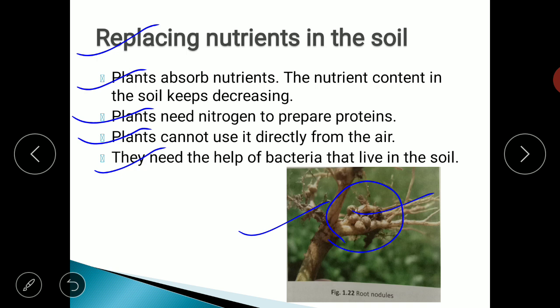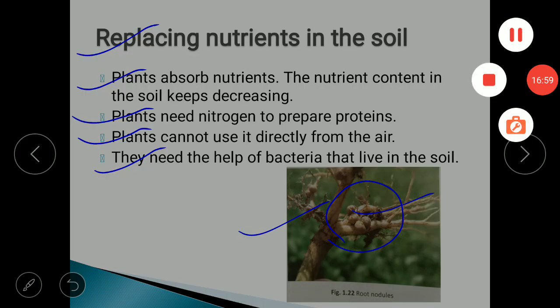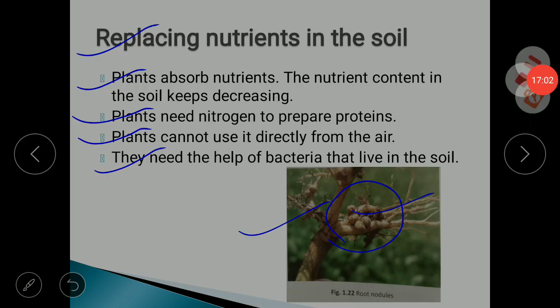So many farmers grow leguminous plants after one crop to replenish the soil with nitrogen. They do not have to add manure or nitrogen fertilizer to the soil to improve its nutrient content.